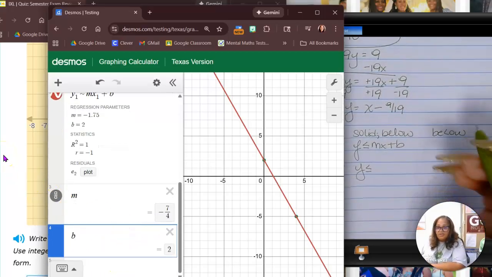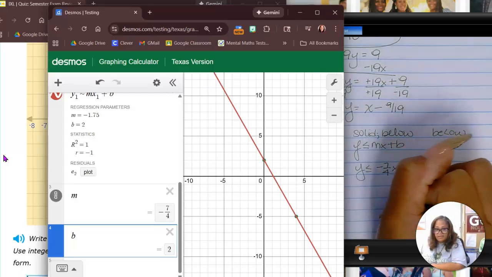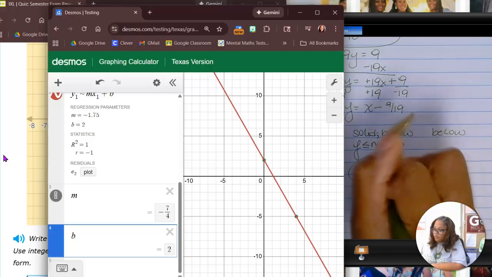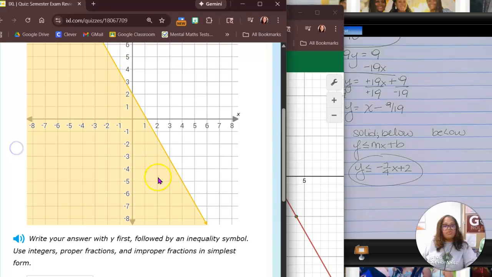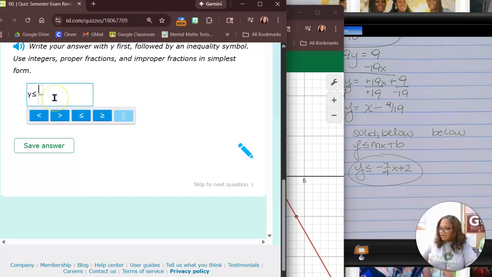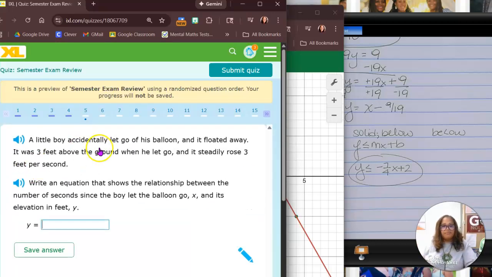So y is less than or equal to negative 7/4 x plus 2. Then you'll come back to IXL: y is less than or equal to negative 7/4 x plus 2. Save your answer.